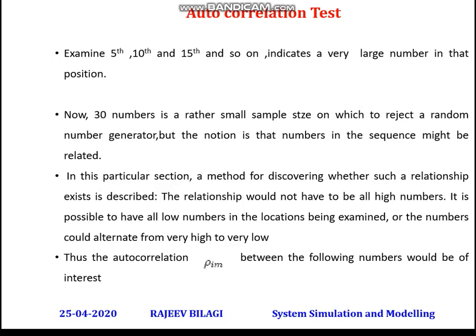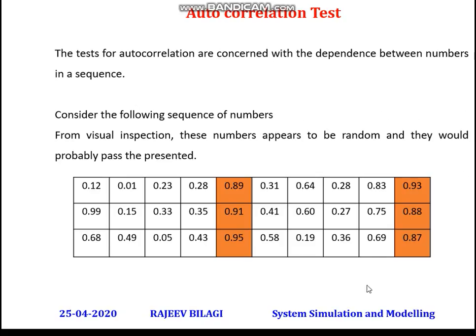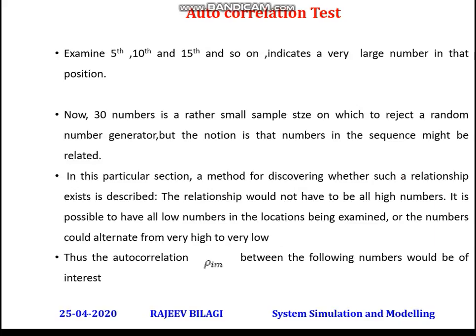But if you look at the numbers located at the fifth place, that is 0.89, 0.93 at the 10th place, another one at the 15th place, then the 20th place, 25th place, and 30th place, we can observe that every random number at the 5th place, 10th place, and 15th place is a very large number in that position.